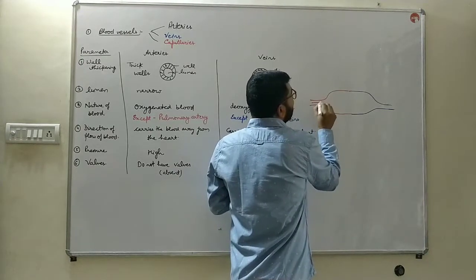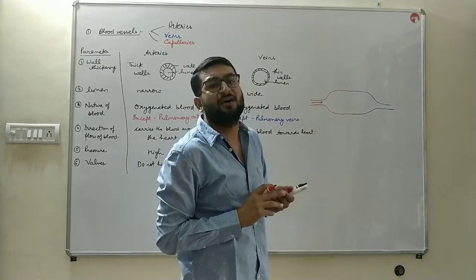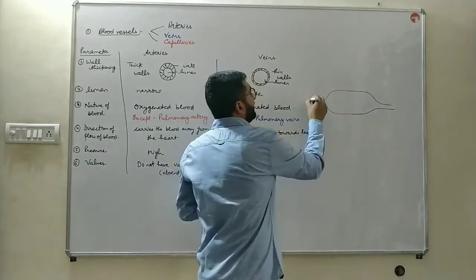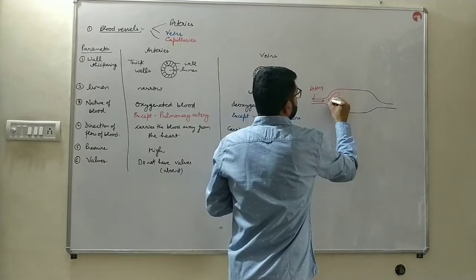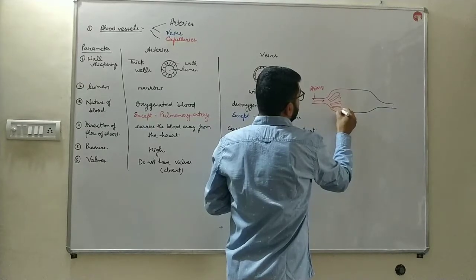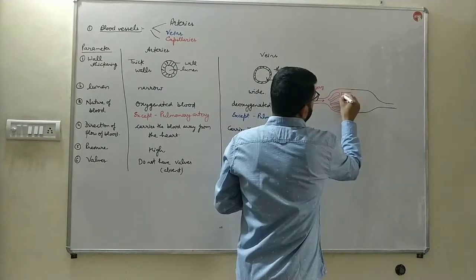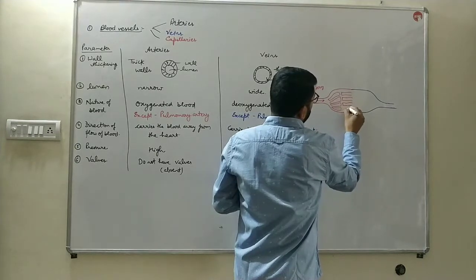This is a red colored vessel, and the red colored blood is usually represented as the oxygenated form. This is an artery. It is divided into fine capillaries here near the body cells or body tissues.